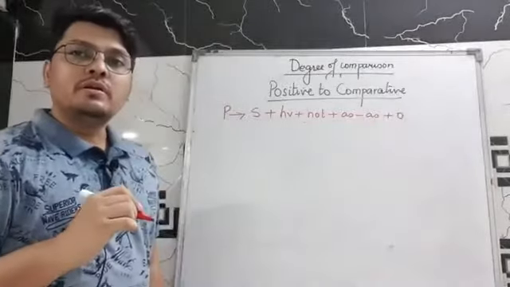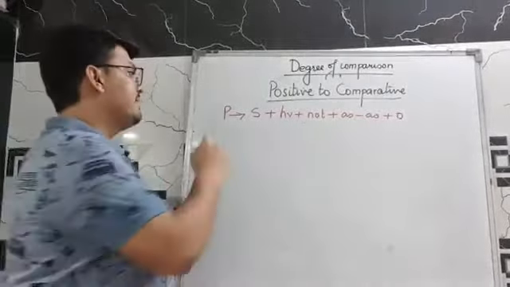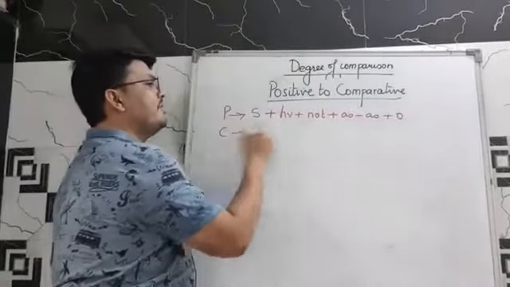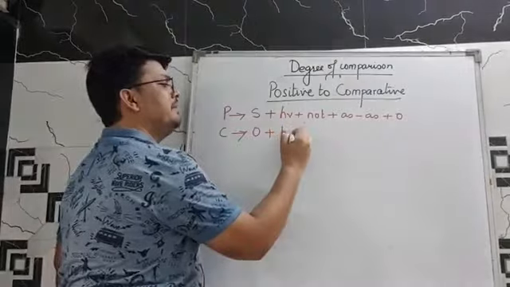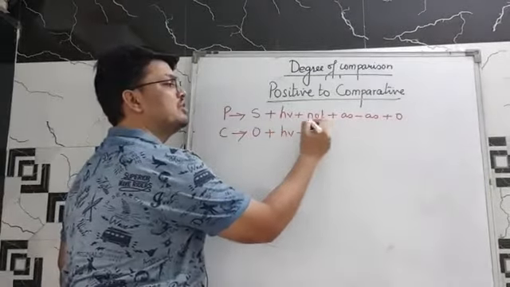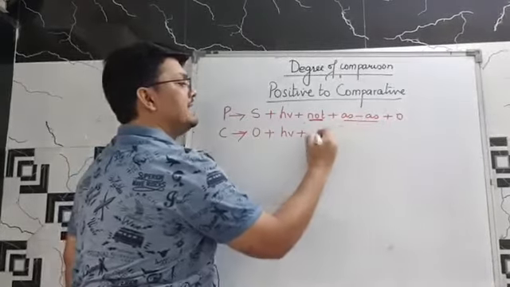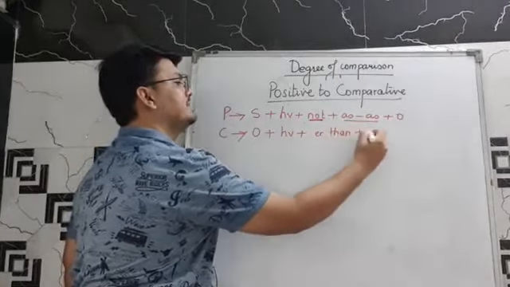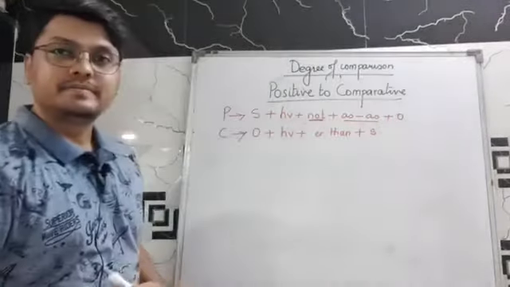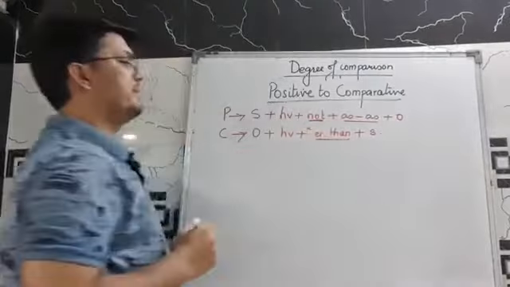So don't panic. The rule is the same. In comparative, the object will come here plus helping verb. Now here we have used not, so we will not use not over here. As will turn into er than, and then the subject will come here. This will not come here.